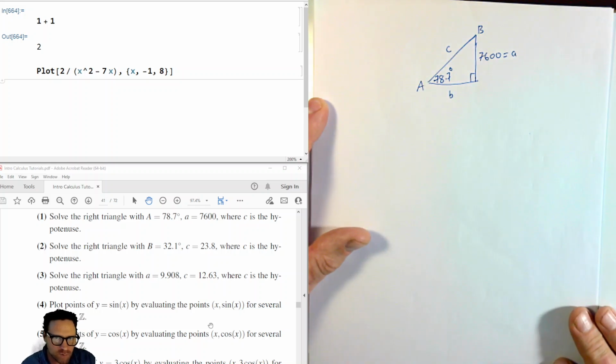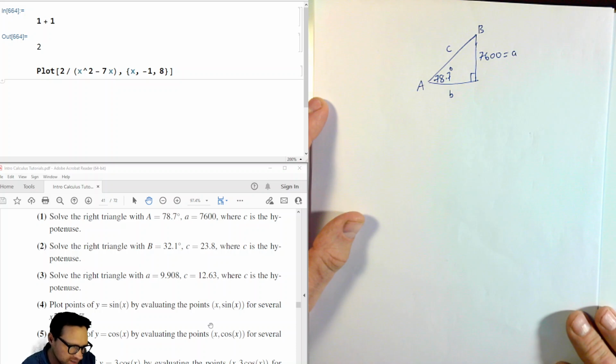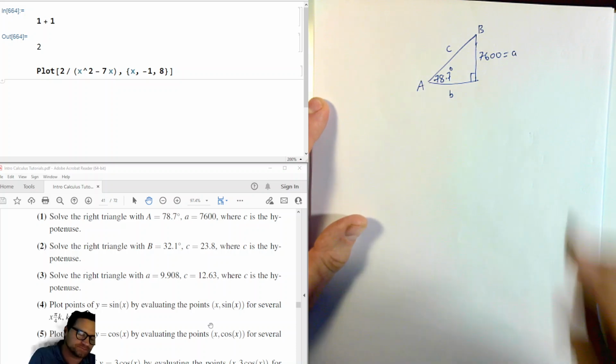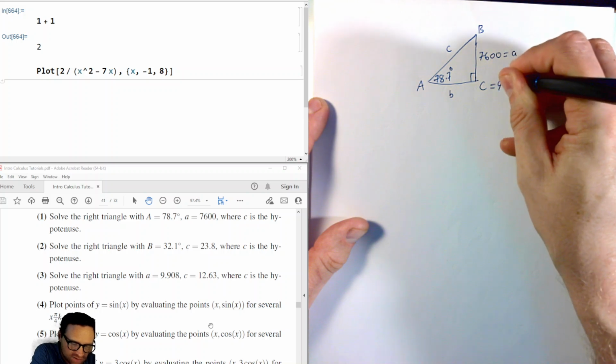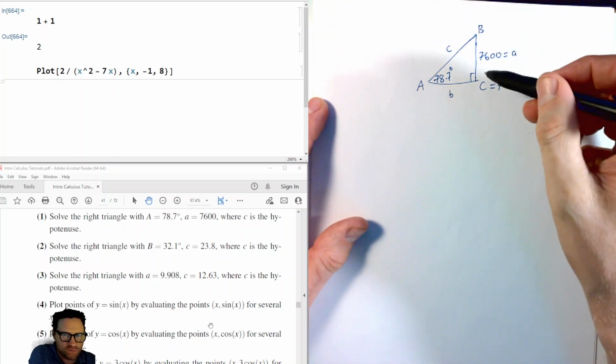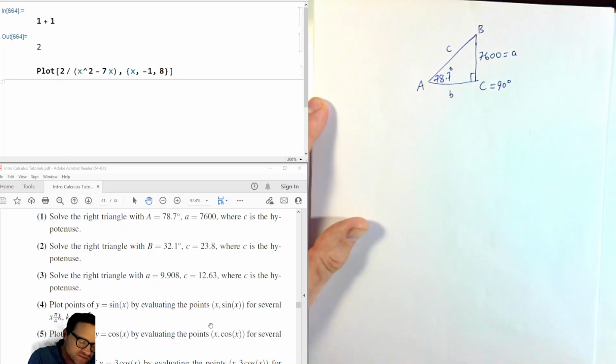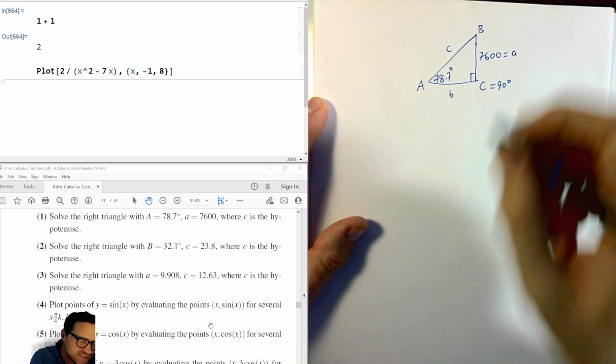Okay, so the first thing we might want to do is find the hypotenuse c. This uppercase C, incidentally, is 90 degrees because this is a right triangle. Okay, so let's find lowercase c, the hypotenuse length.